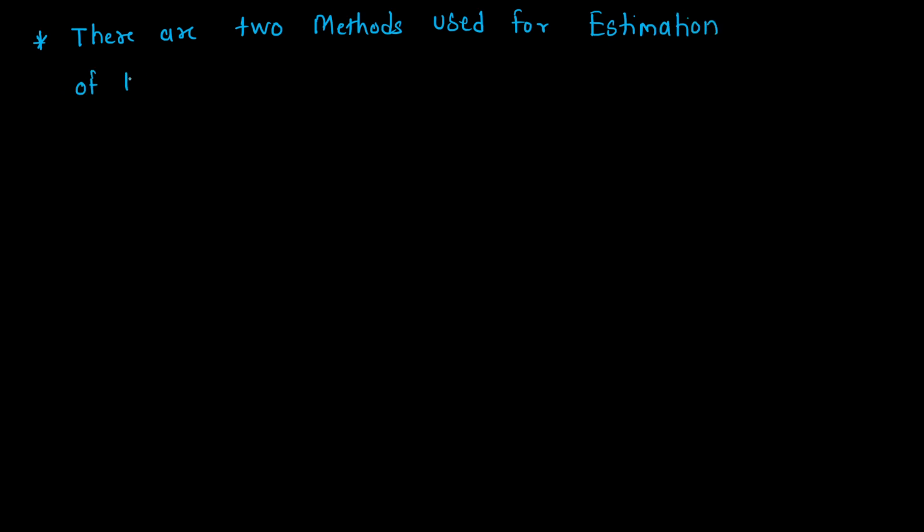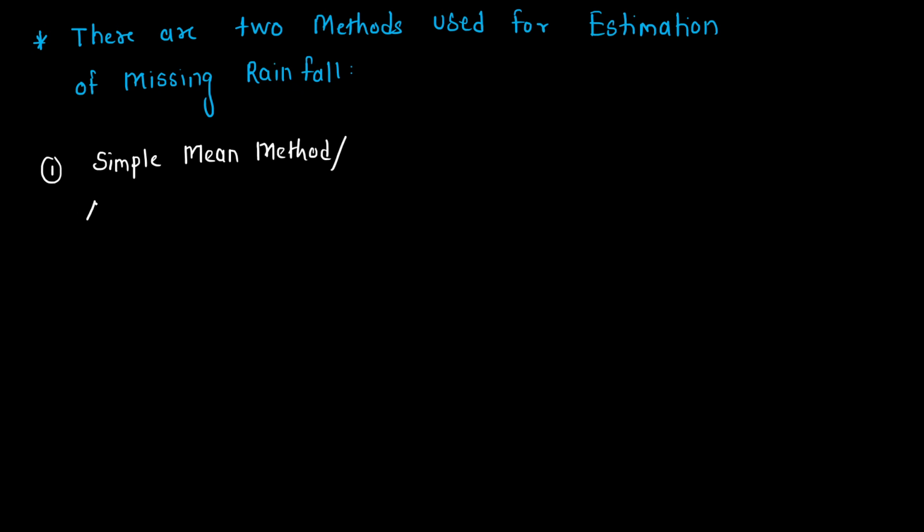So write down, there are two methods used for estimation of missing rainfall. The first method is the simple method.